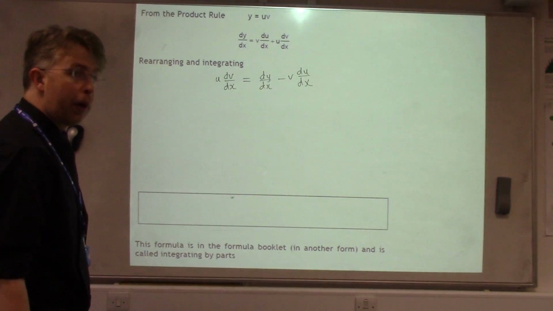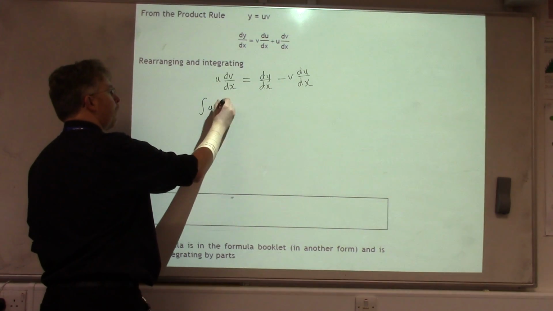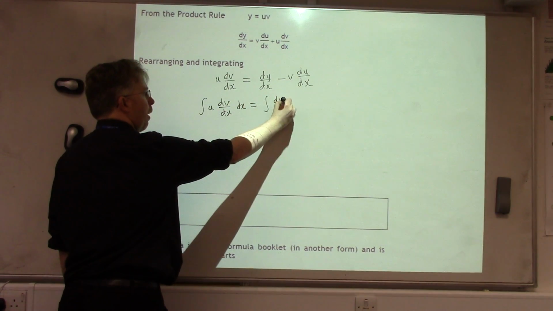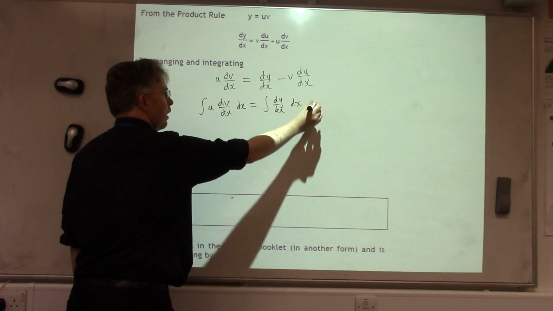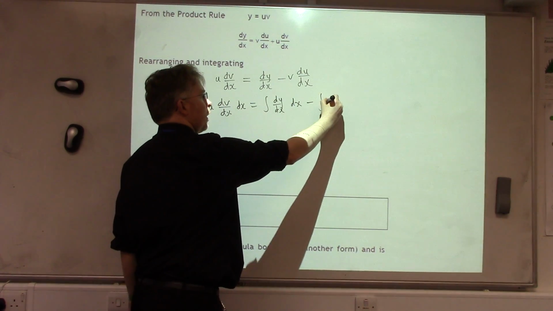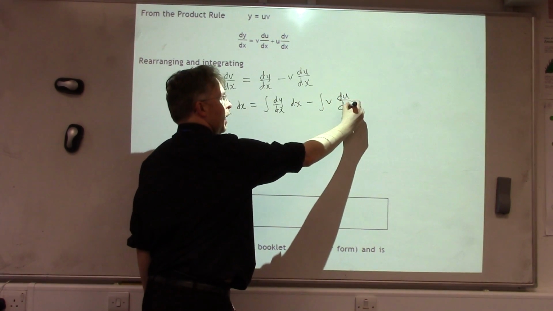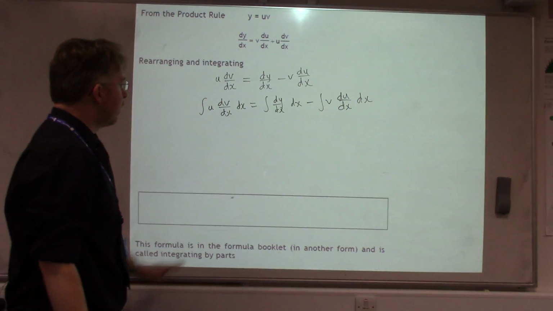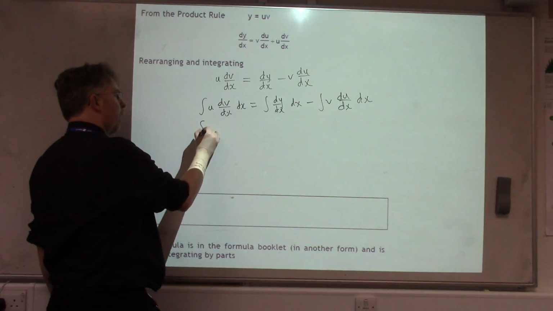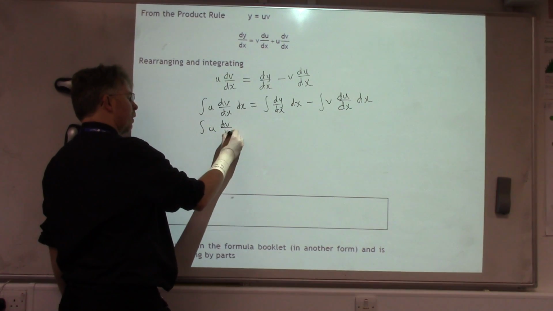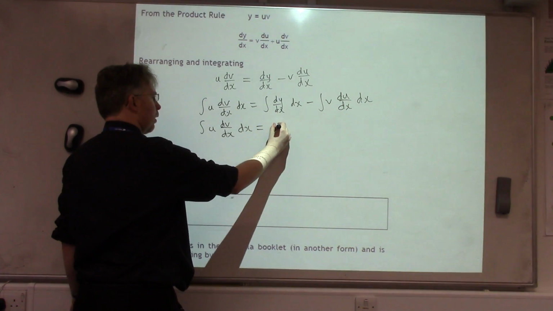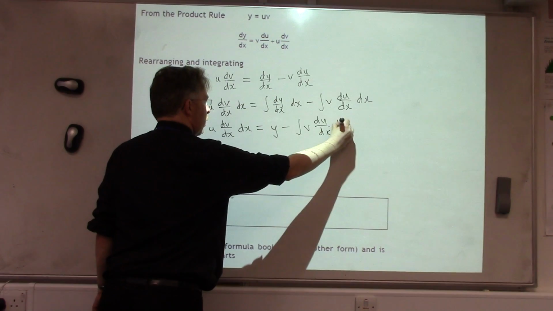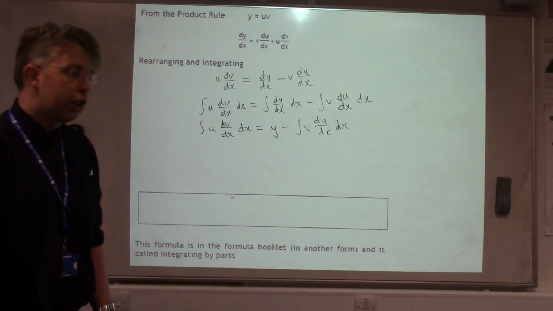We then integrate both sides. We get the integral of u dv by dx equals the integral of dy by dx minus the integral of v du by dx, as we integrate term by term. Integrating dy by dx will simply give us y, with everything else left unchanged.